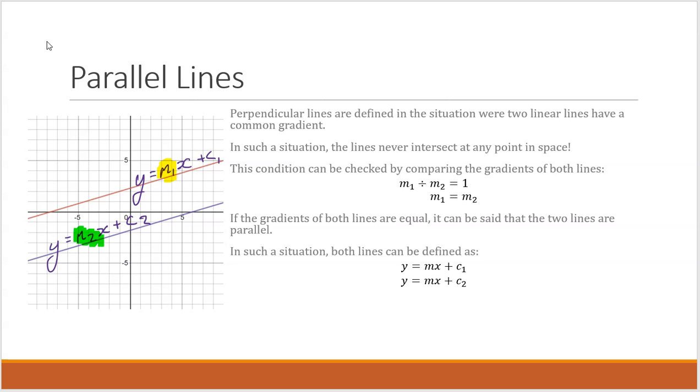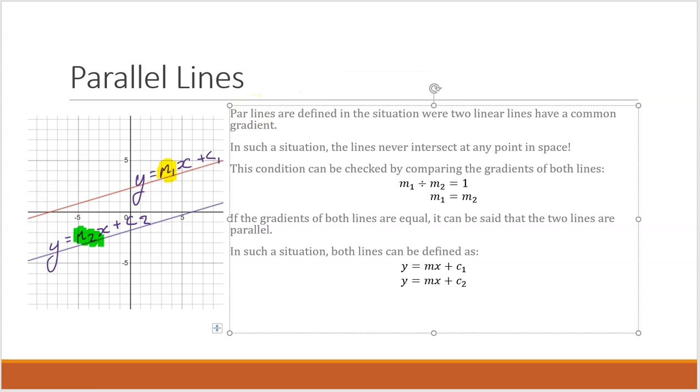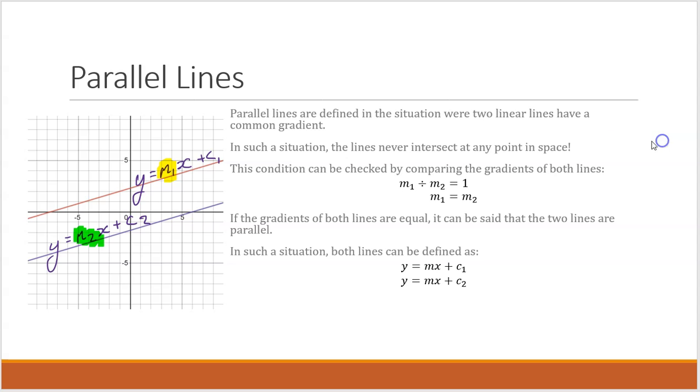Sorry, not perpendicular, parallel. We could also see if m1 divided by m2 is equal to 1, then they are also parallel. That should say parallel. So if m1 and m2 are equal, then the relationship between the two lines is a parallel relationship.